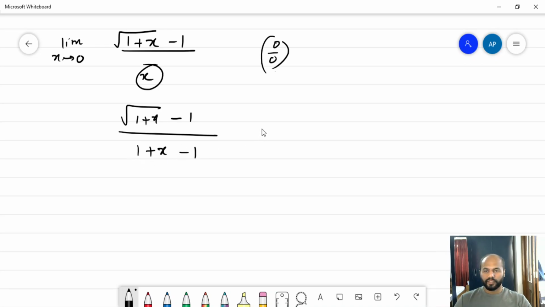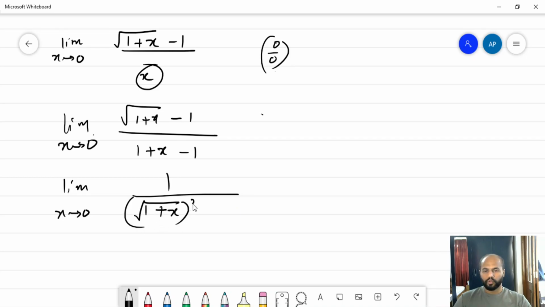So further we can write it as, of course the limit is there, not to forget that, limit x tending to 0. This is going to be 1 by 1 plus x root over the whole square minus 1 square divided by root over of 1 plus x minus 1.